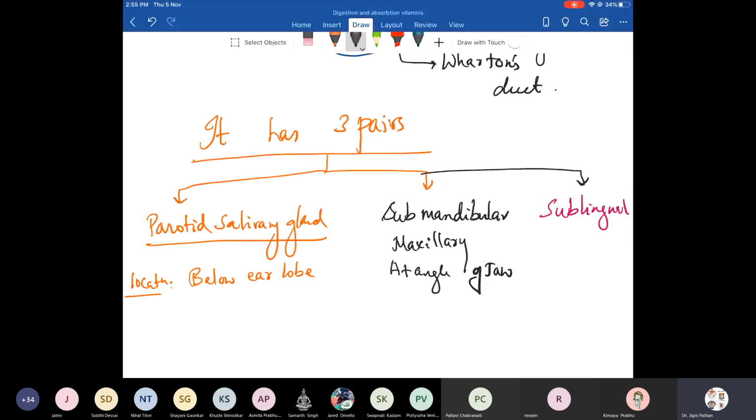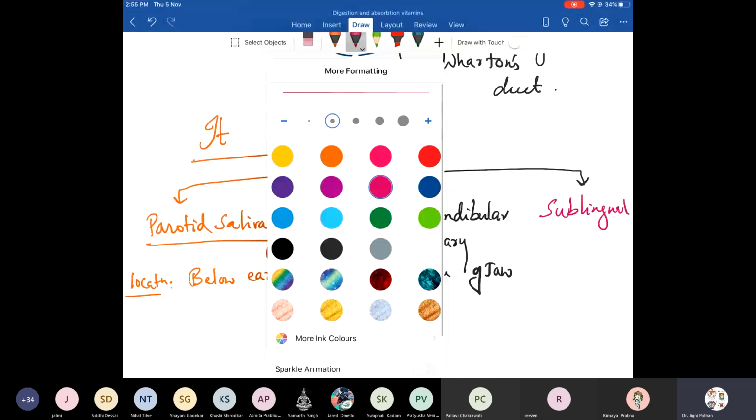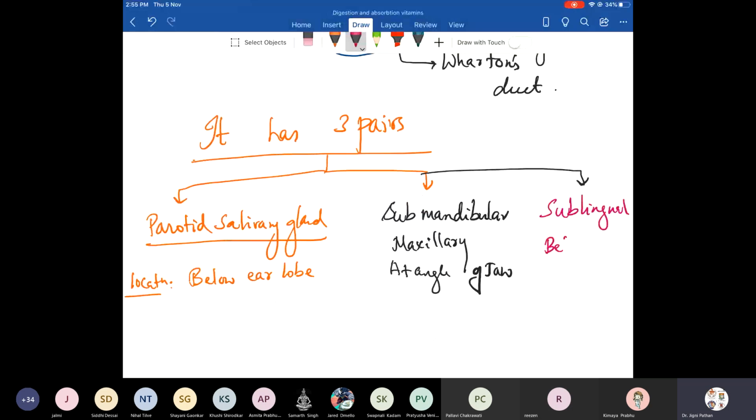And sublingual is below the tongue. Sub means below and lingual means tongue. The submandibular is somewhere near the jaw, so it's said to be mandibular or maxillary.